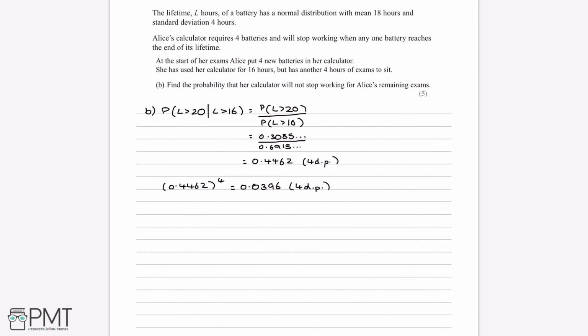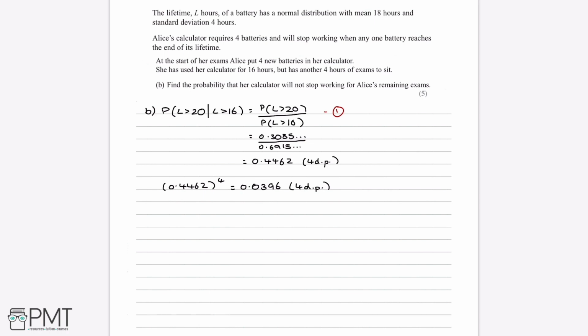Now this question is worth 5 marks, and the first mark is a method mark for stating this, so stating that we need to find the probability that L is greater than 20, given that L is greater than 16, and then writing it in this kind of division format.